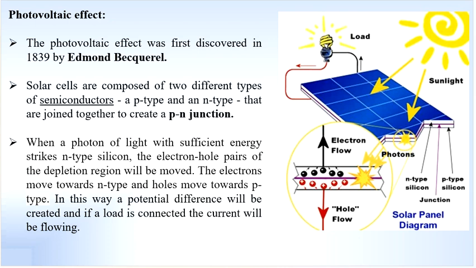In this way a potential difference will be created across the solar panel, and whenever there is a potential or voltage, if you connect any load, the current will flow. Load means a closed path. So as you see here, a load is connected, which is considered as a lamp here, through p and n types, so it is closed, and the voltage that appears across the p-n junction gives rise to the current flowing through the load, right?